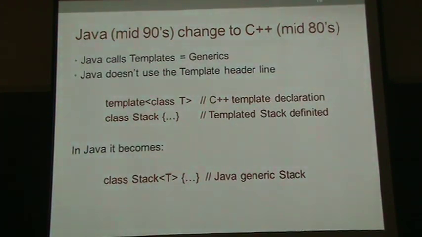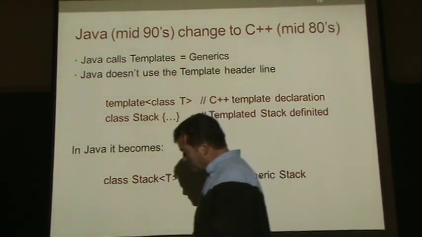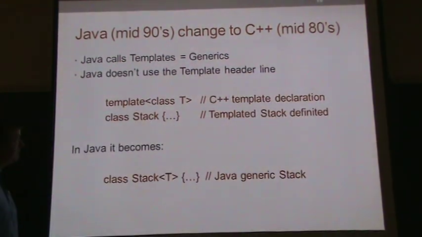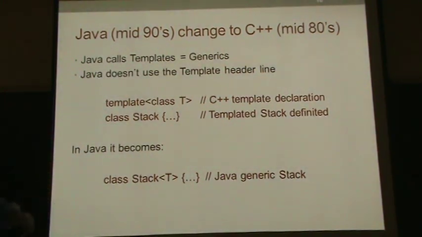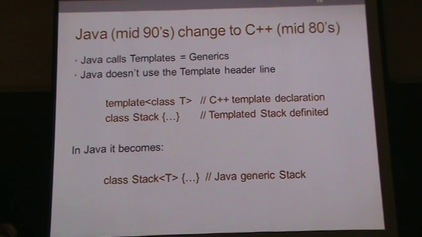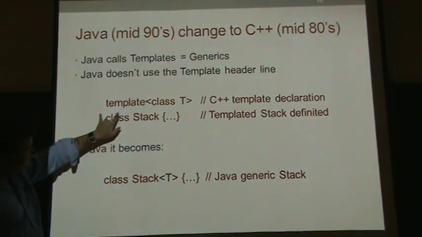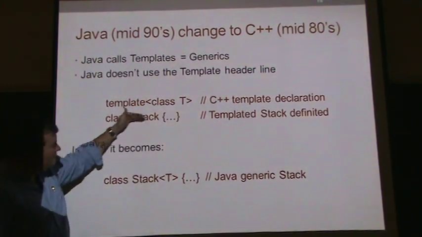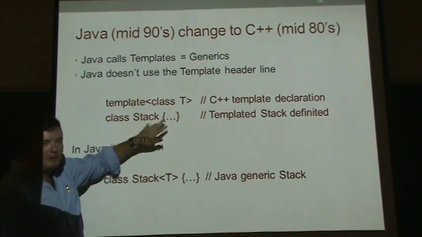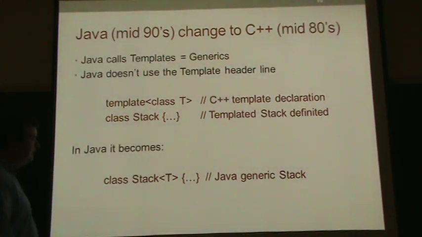And then just a comparison for people who are Java or C# programmers. What C++ programmers call templates, Java calls generics. Java does not use the template header, and I guess if you think about it, it might be unnecessary. A C++ programmer would say template class T, and then define the class with T's peppered all over the definition.